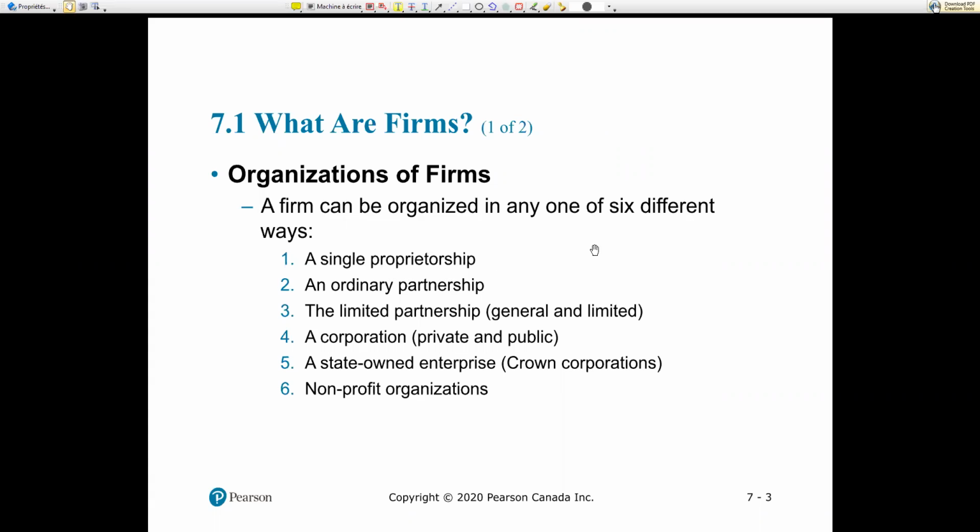In that case, you would just be someone with their own firm, and you act in your own name. So you're making your product at home and selling it to other people. What's important about this is individual liability.